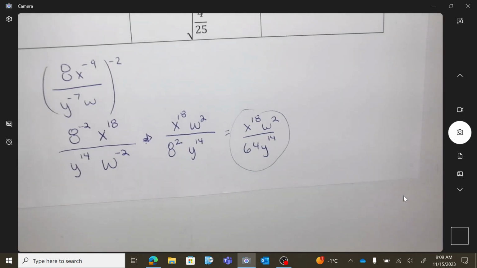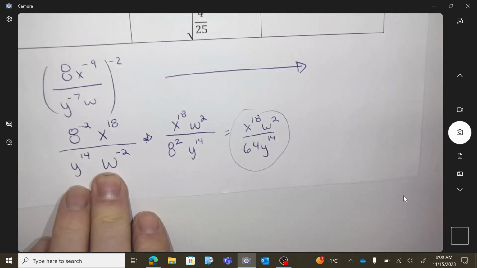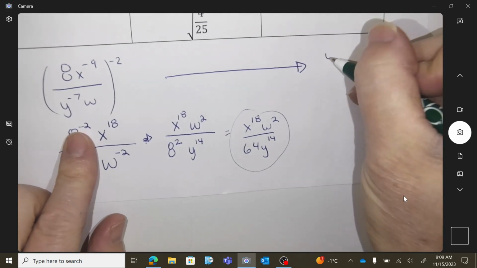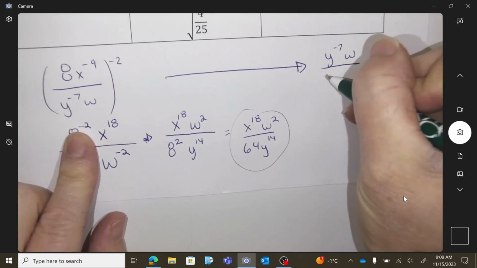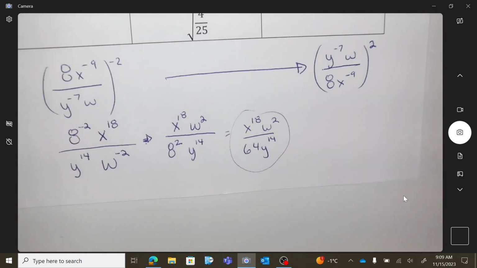Okay, I'm going to do this another way. So here's what I'm going to do. I'm going to move everything, so I'm going to flip this around and make it a positive 2. That's the same thing as moving and changing the exponent.